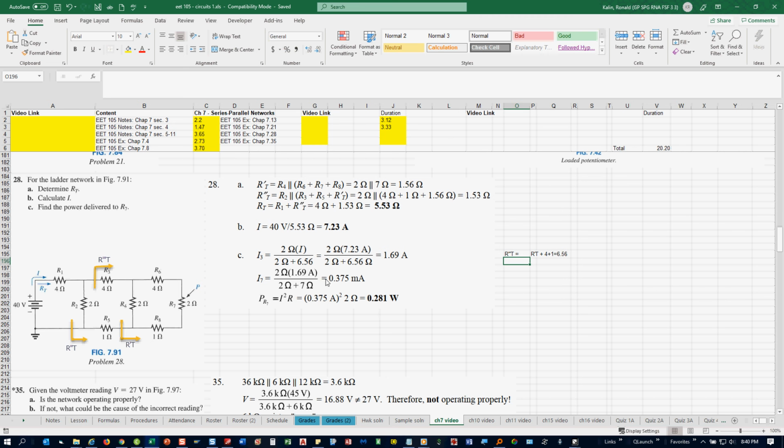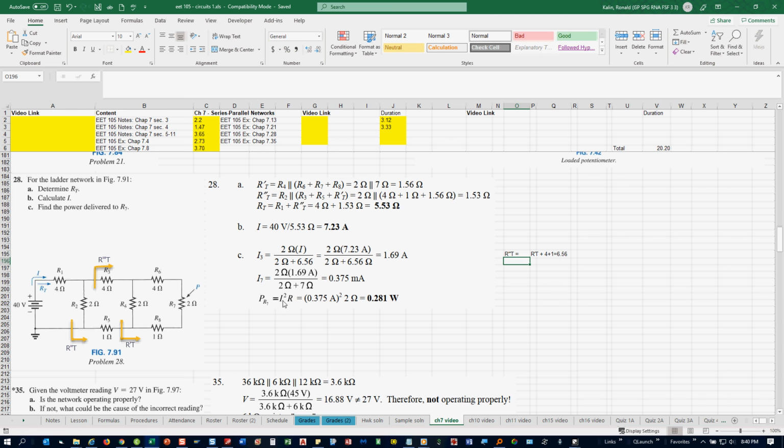So then you calculate that to be 0.375 milliamps.